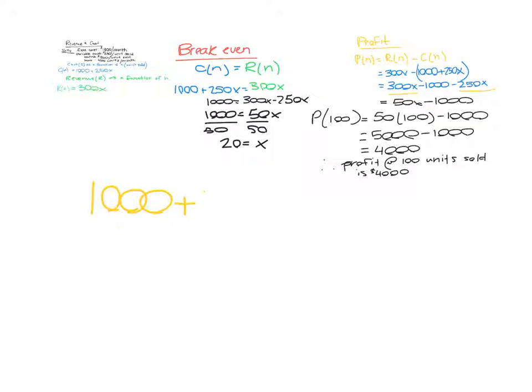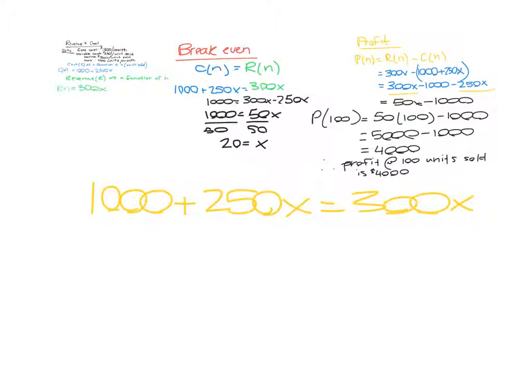1,000 plus 250x is equal to 300x. Now, of all of the numbers here, we want to reduce our variable cost. The variable cost in this equation is our 250x. We don't know what we're going to have to reduce it to, but we know our break-even point we want at 10 units.